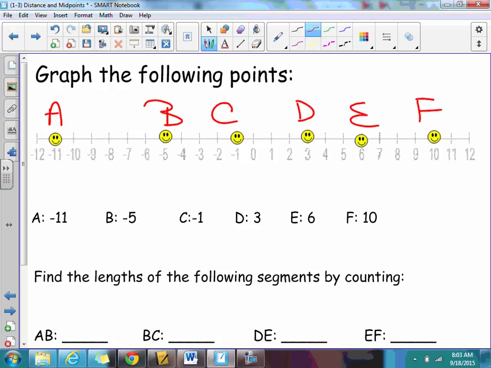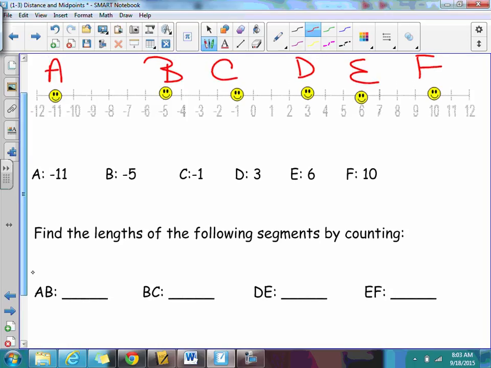I'm going to give you a minute here. I want you to find these lengths from A to B, B to C, D to E, E to F. Count the spaces you have to move to get to the next letter.